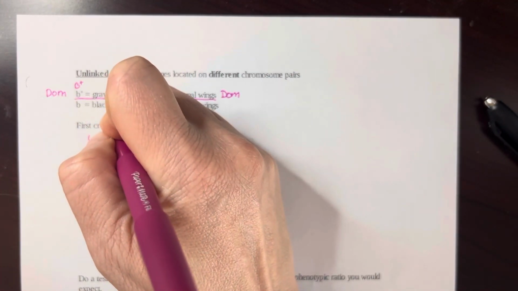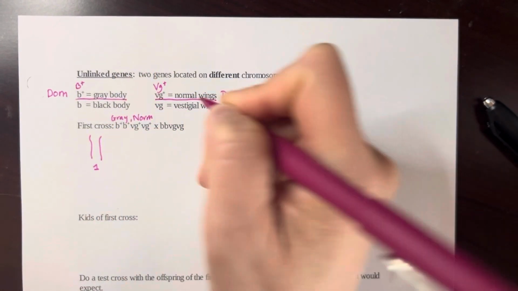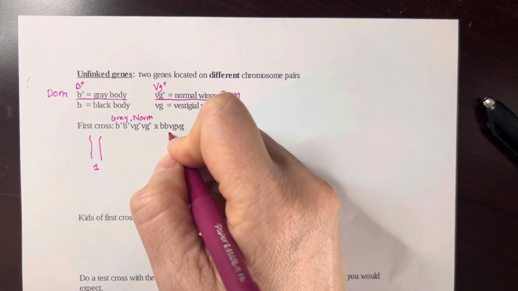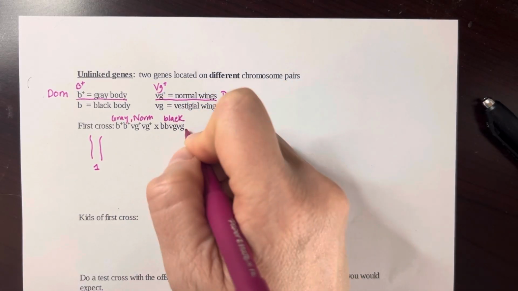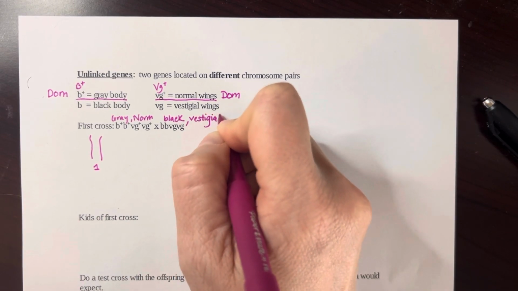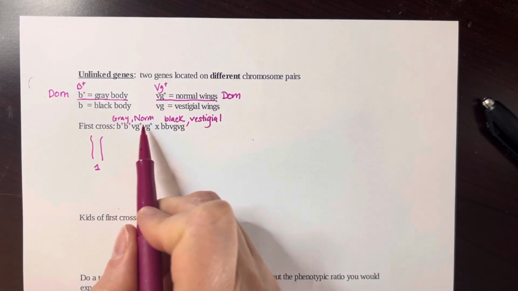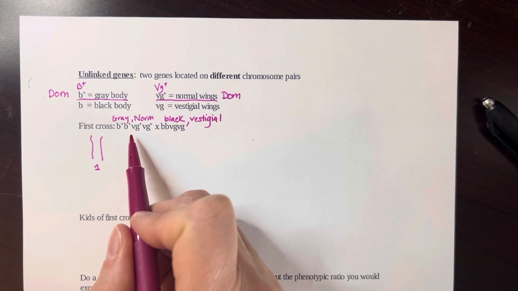So I'm going to write that, gray, normal wings. Cross with BB, which is black, and VG, which is vestigial. So that's what we're crossing. Notice that these guys have opposite traits, gray and normal, black and vestigial, and they're both homozygous for their traits.